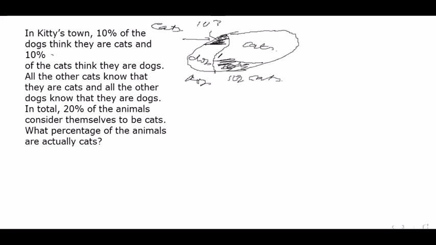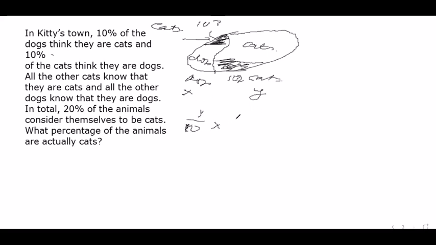Maybe we can do it like this. Suppose there are X dogs and Y cats. What does this mean? The number of animals amongst the dog population who think they are cats is just 10% of them, which is 1/10 of the dogs.